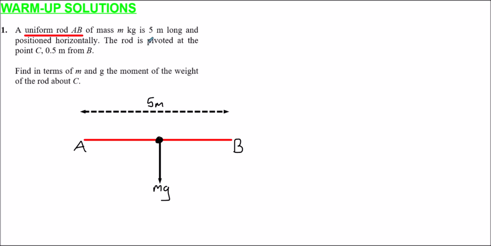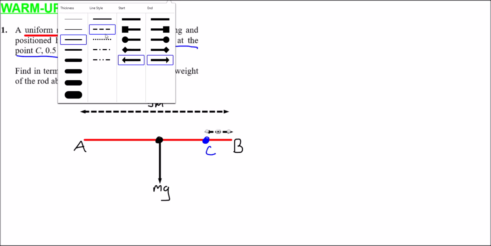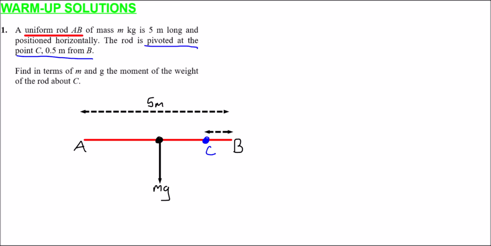Next, we're told that this rod is pivoted at the point C, which is 0.5 meters away from B. So we can add on here this point C, where it's pivoted, and we need to also include that this one is 0.5 meters away from B. So if I just add in this as well, and I'll say that's 0.5 meters from B. So that's pretty much all we need.